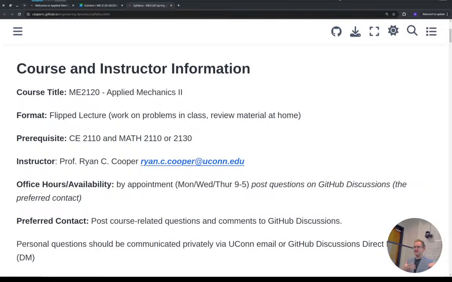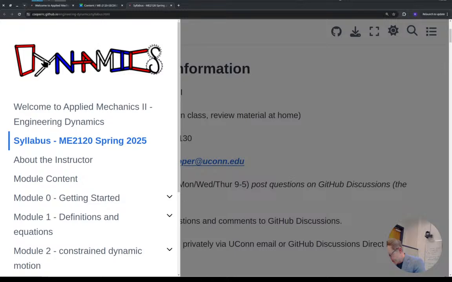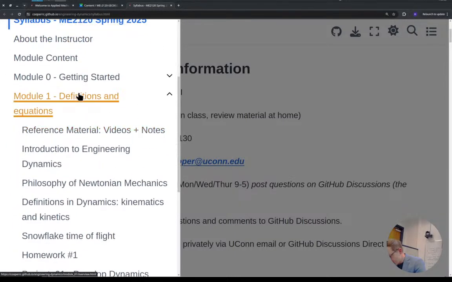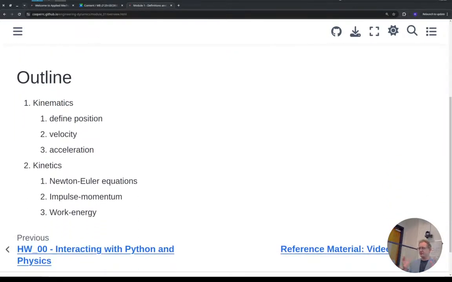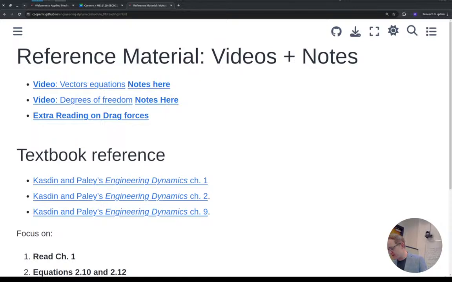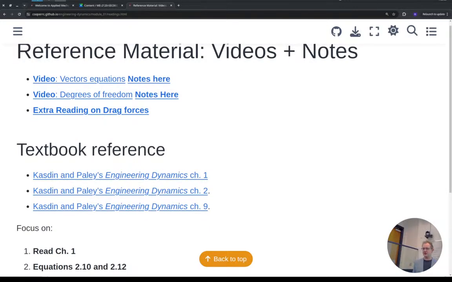But the main thing is there's a bunch of material that I suggest you read and stay on top of, and then in class we'll work on homeworks and projects. So let's run through a quick example of when we get into module 1. There's what we want to do, big picture. What is module 1? These are materials, videos, and notes.